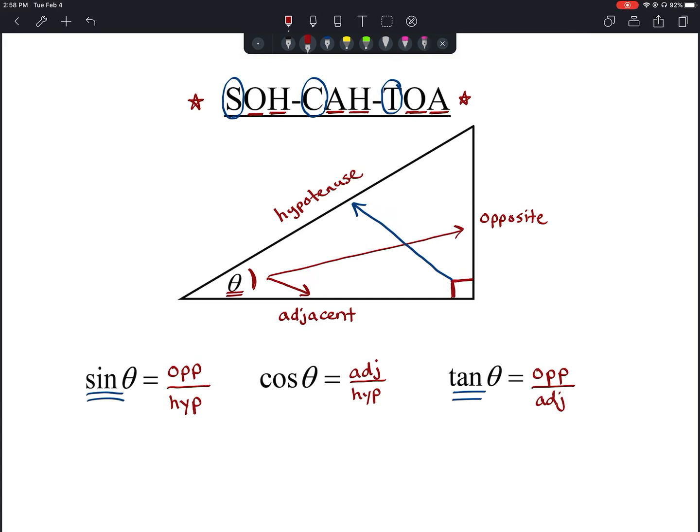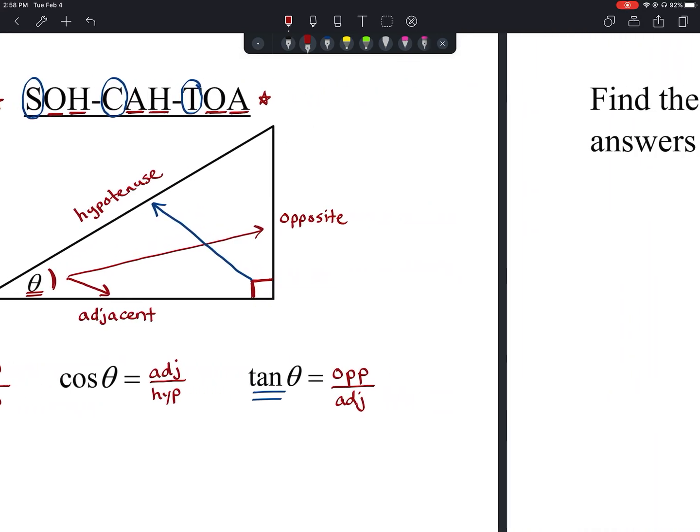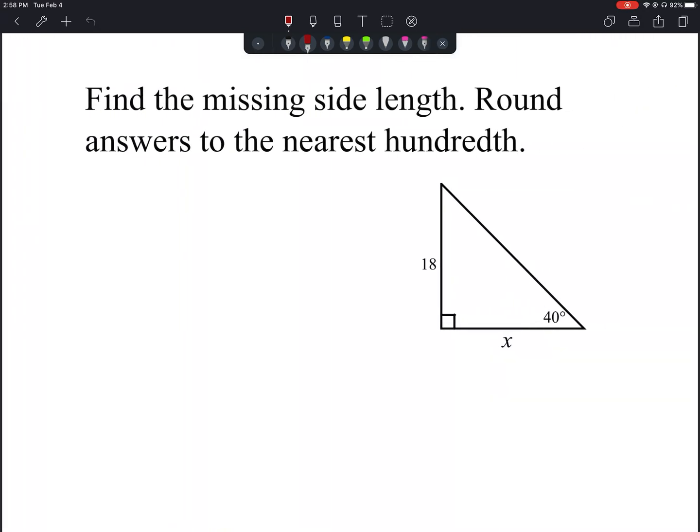Now we're going to jump right on into some of the problems here and look at how this SOHCAHTOA will help us to solve for missing values. The directions here state, find the missing side length, round answers to the nearest hundredth. We've got this right triangle here, and we're given this 40-degree angle.